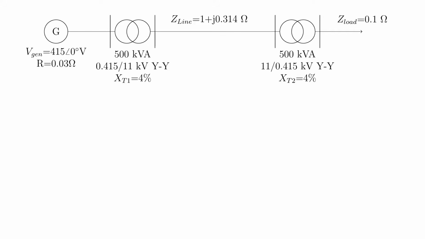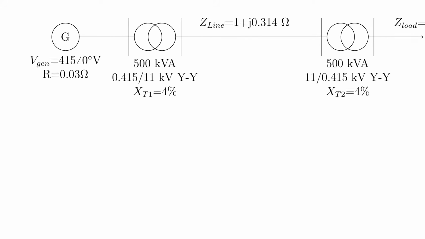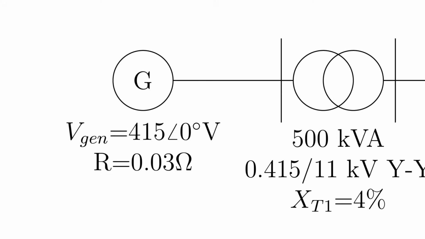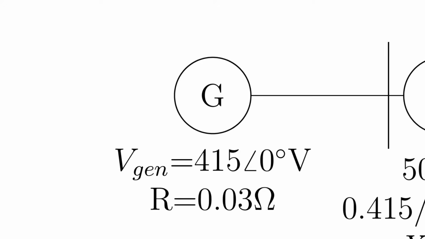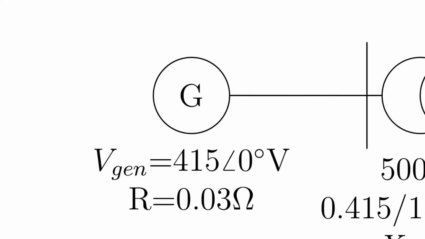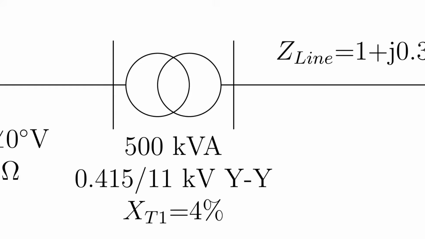You can see that we now have a three-phase system represented as a one-line diagram. We have a three-phase generator with an internal resistance of 3 ohms, and it operates at 415 volts. Then we have a star-to-star connected three-phase transformer with a rated voltage of 415 volts on the primary side to 11 kV on the secondary side, on a base of 500 kVA with an impedance of 4%.